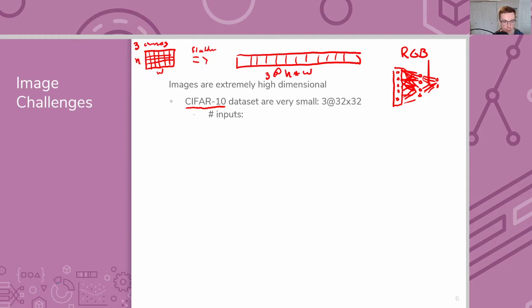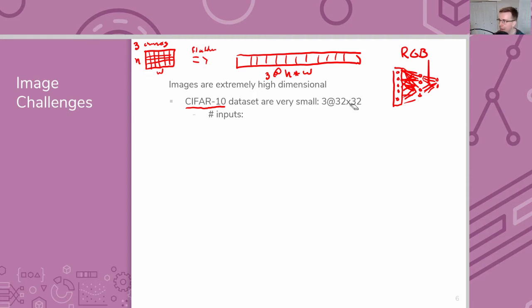Now, in CIFAR-10, you could imagine having very small images, 32 by 32 pixels, and they'll be RGB images. So they'll have 3 color channels. So we have 32 by 32 pixels, and then each one has 3 color channels, so we have 3 numbers in there.